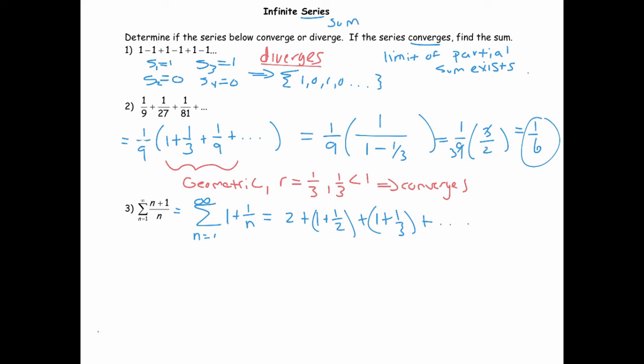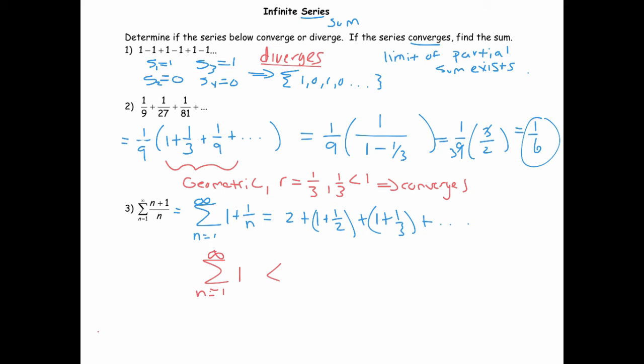So hopefully you can anticipate that the partial sums are going to keep growing without bound. Whatever this series is, it's definitely bigger than this series. Let's assume it has a sum.